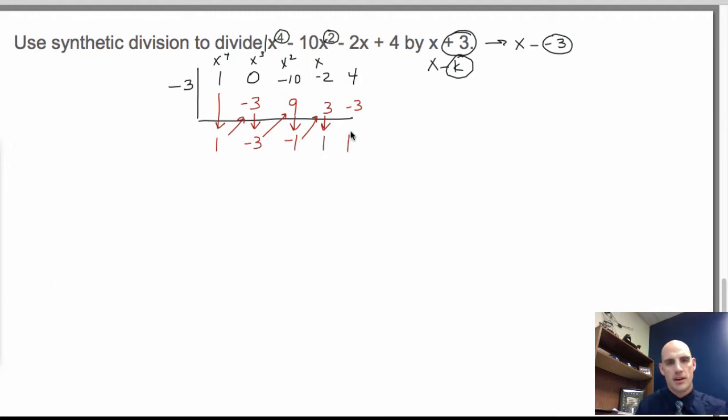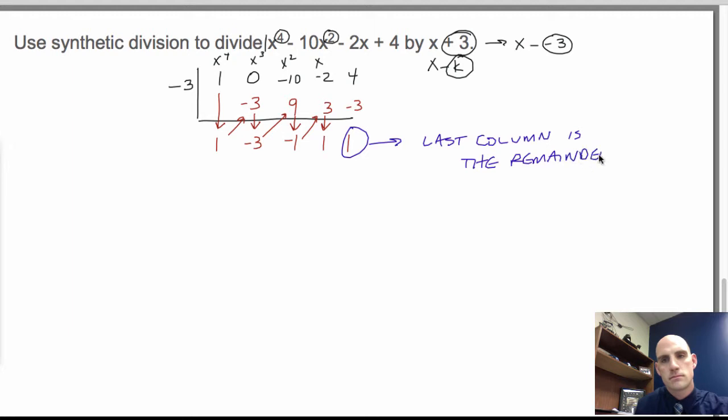Here's something that we need to take note of. The last one is the remainder. Okay, so the last column is the remainder. And so up from there, it starts from the right side. So from the right side, it's going constant, x term, x squared, x to the third.